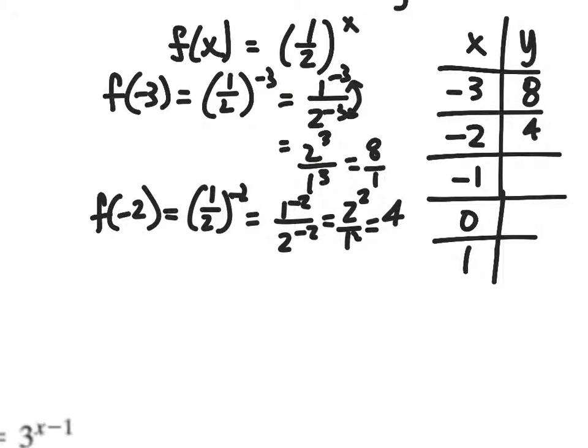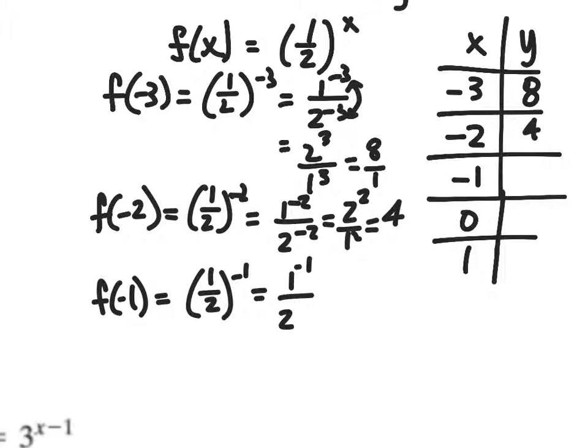If I plug in -1, okay, f of -1, then what's going to happen is we're going to get 1/2 raised to the -1 power, which is going to give me 1 to the -1 power over 2 to the -1 power. And I'm just going to move those around.